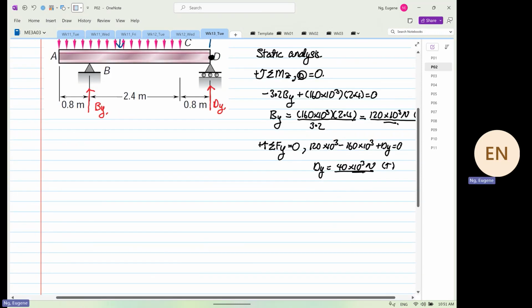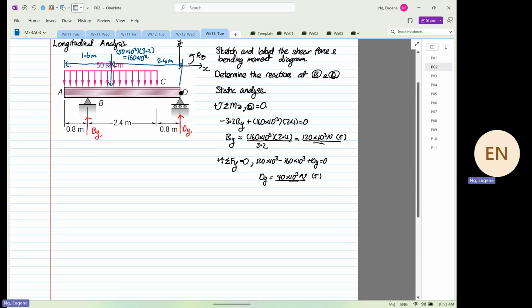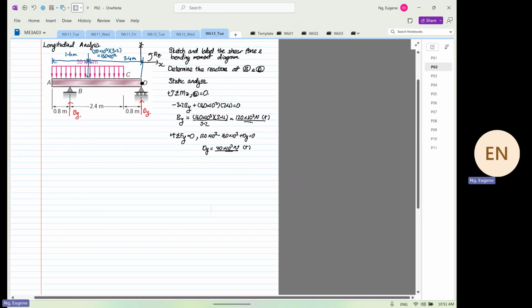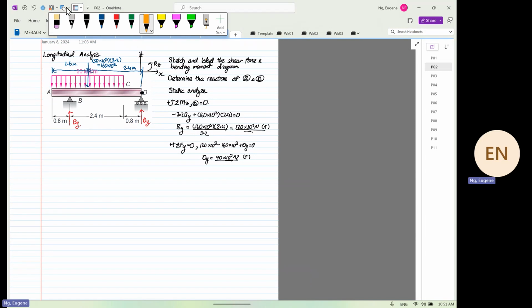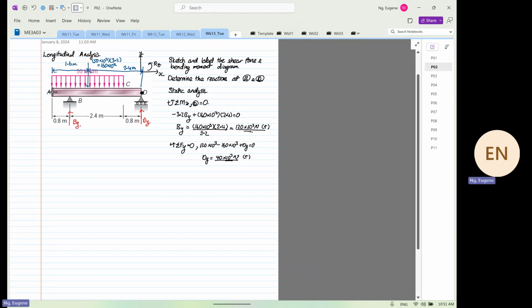From here, once we know these two values, we can sketch our shear force and bending moment diagram. Okay, so I'm going to align this with the positions. Bear with me.